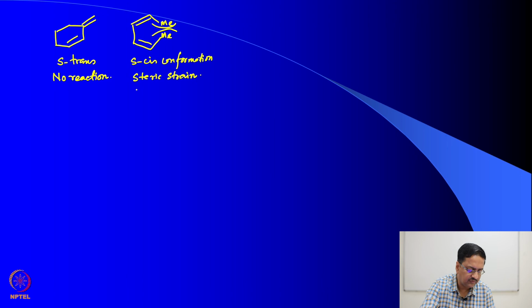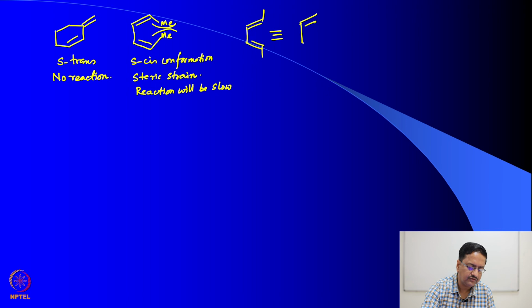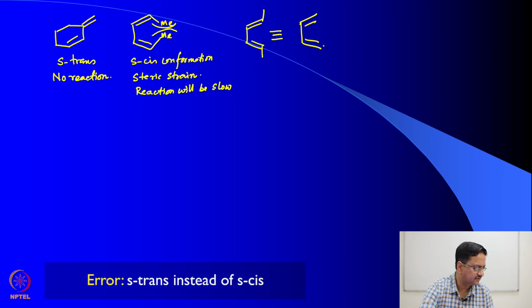So, the reaction will be slow. On the other hand, if those 2 methyl groups were on the other side, the rate of the reaction of that compound will be equivalent to 1,3-butadiene in its s-trans conformation.